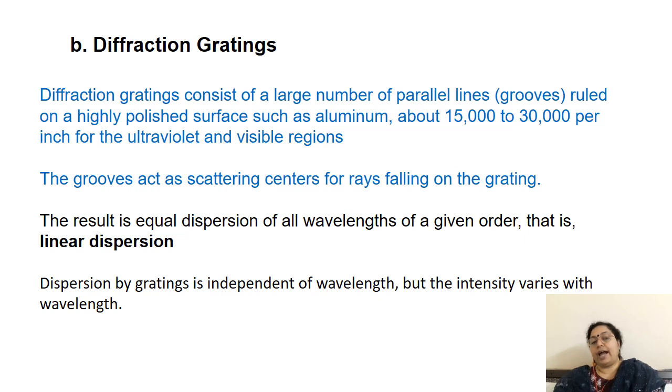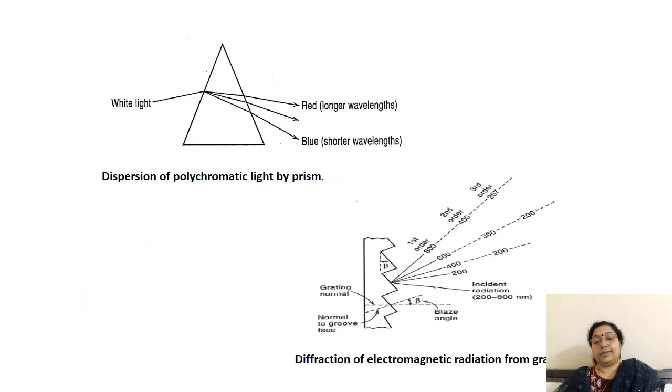These grooves act like scattering centers for rays falling on the grating. So we will get a linear dispersion. The figure shows the dispersion of polychromatic light by both prism and diffraction grating.